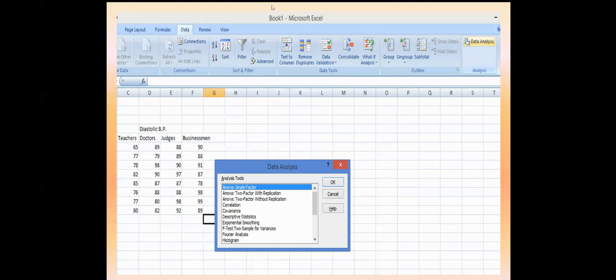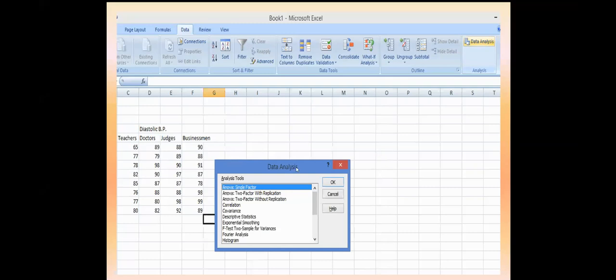So this Data Analysis will appear, and you have to click it here. When you click Data Analysis, a box will appear in this Excel sheet, and in this box many statistical parameters are there, and you can use one-way ANOVA, that is, Single Factor. Single Factor means one-way ANOVA.